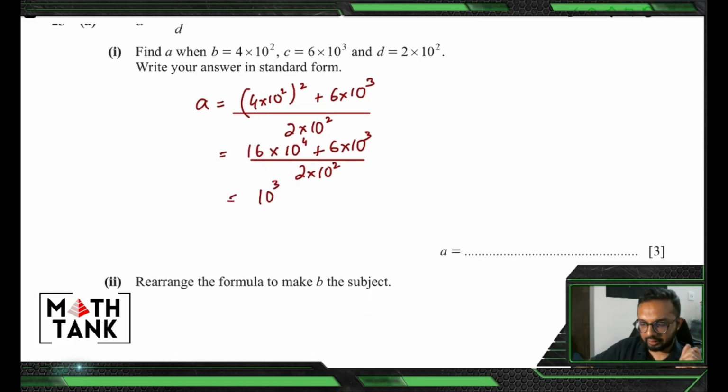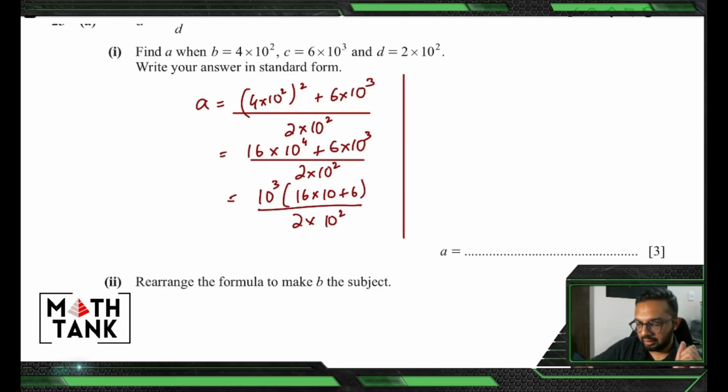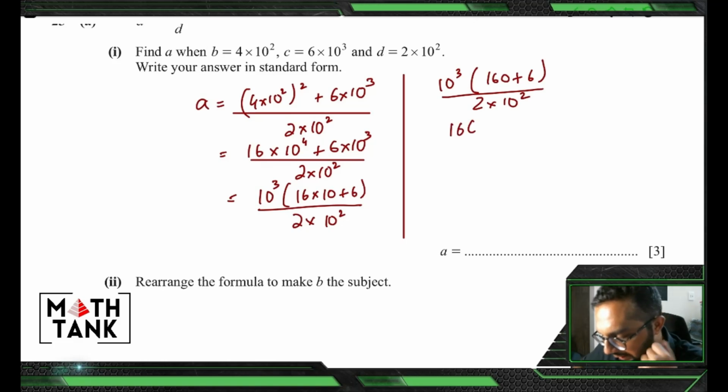Then I can take a 10 power 3 common, so that gives me 16 into 10 plus 6, over 2 into 10 squared. The numerator becomes 10 power 3, 160 plus 6. So this becomes 166 into 10 power 3, divided by 2 into 10 squared.